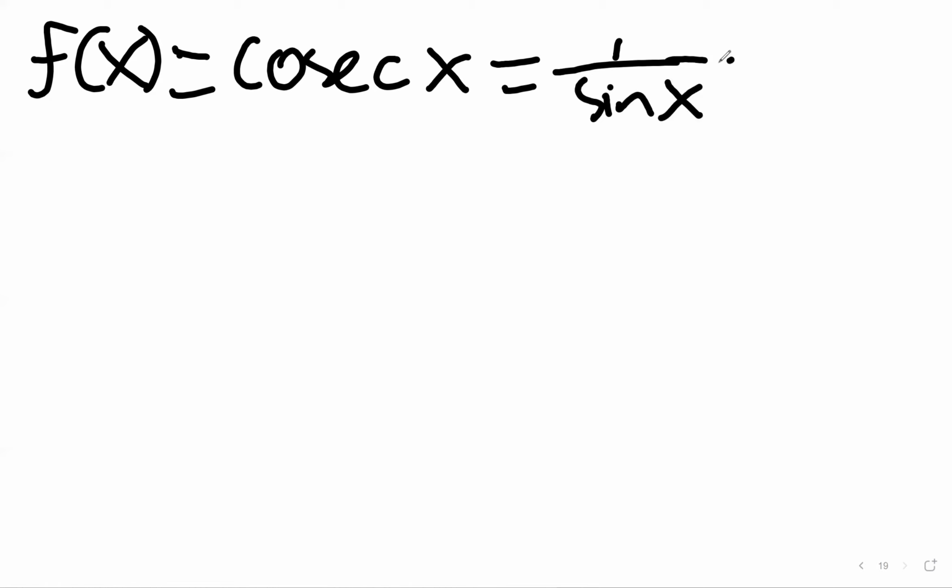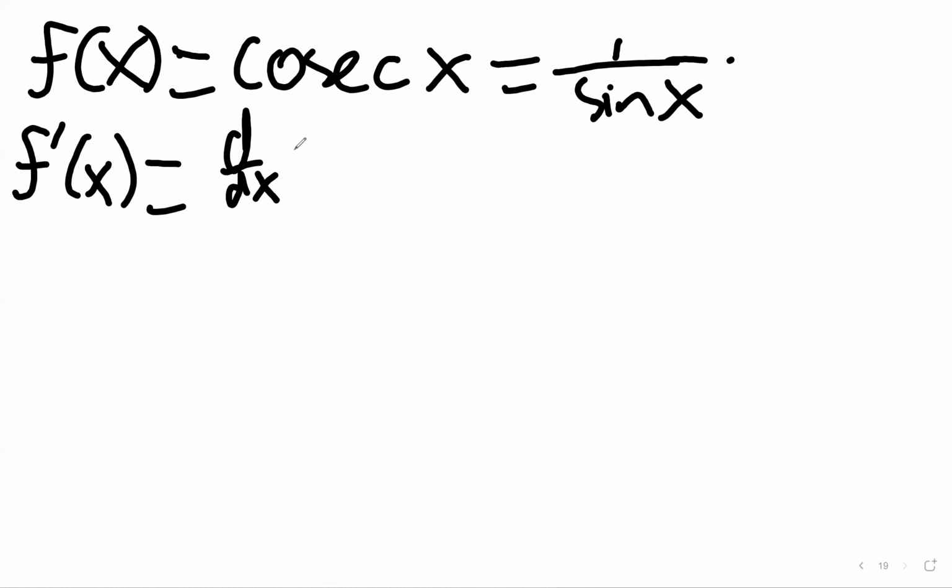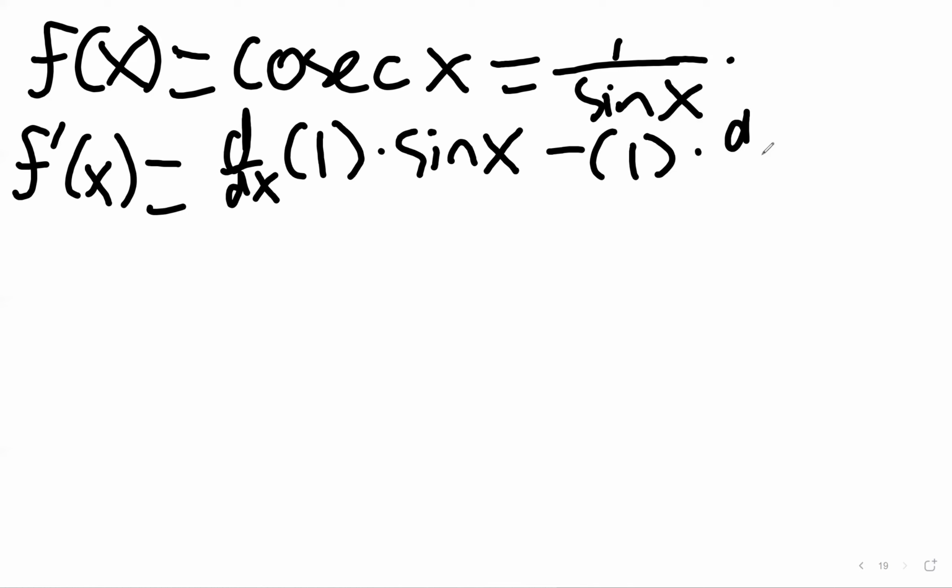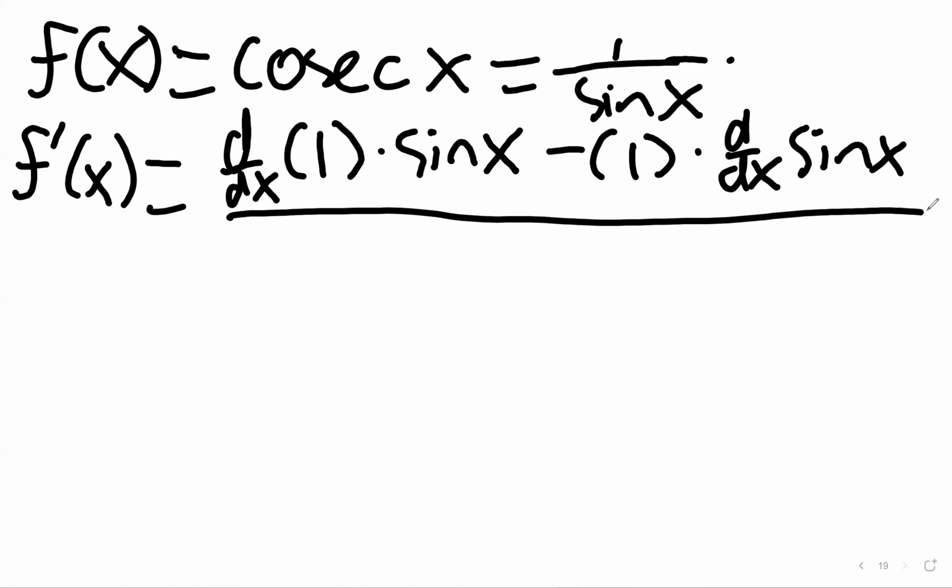By using the quotient rule once again, f prime of x equals d dx of 1, the numerator, multiplied by sine x minus 1 multiplied by the derivative of sine function, all of this divided by sine x squared.